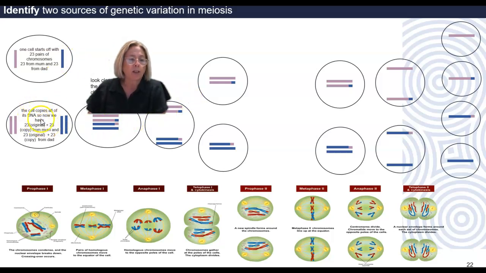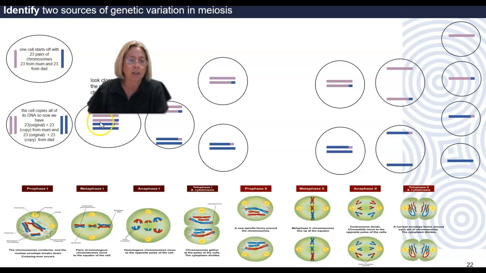Now, the cell then copies all of this DNA, right? Because you need to have it copied for the division to occur. So what happens now is there's 23 original chromosomes from the mother and 23 copies, and also 23 original ones from the father and 23 copies, okay? Then through the process of metaphase, what we get is reassortment of some of this genetic material.